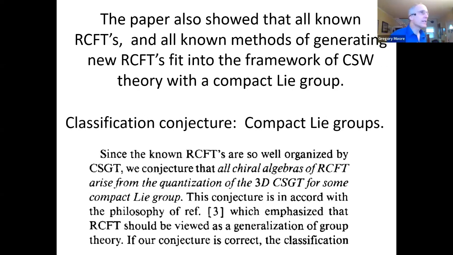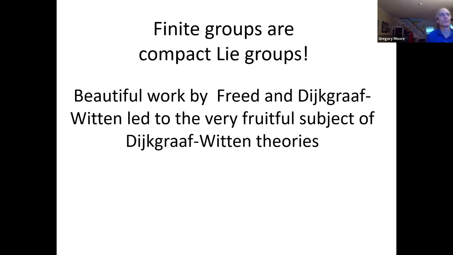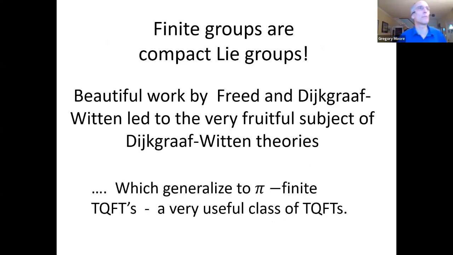Now, I think if you had asked us at the time, are finite groups compact Lie groups, we probably would have said no, but of course they are. And very beautiful work by Freed and Dijkgraaf-Witten led to Chern-Simons theories for finite groups, and that's the subject of Dijkgraaf-Witten theories, which then generalized to the important topic of pi-finite topological field theories, which is a very useful class of topological field theories discussed and studied to this day.